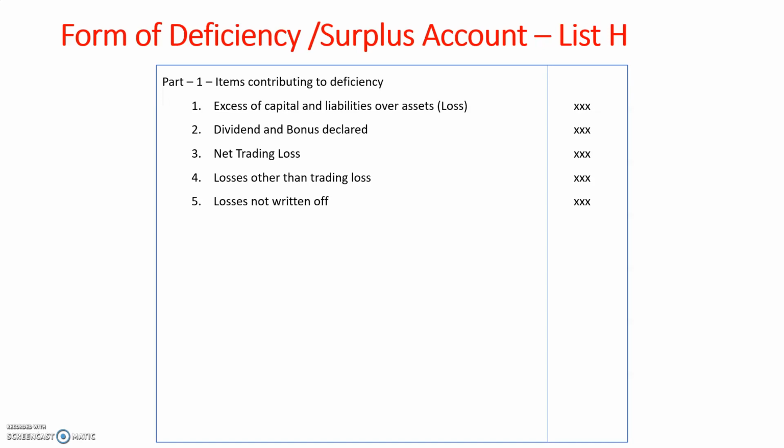That type of losses which is not written off in the balance sheet should be written off here. So losses not written off, or any estimated liability which is not included in the balance sheet.